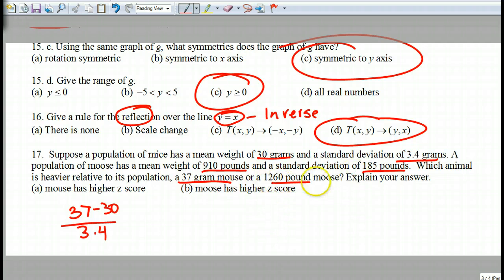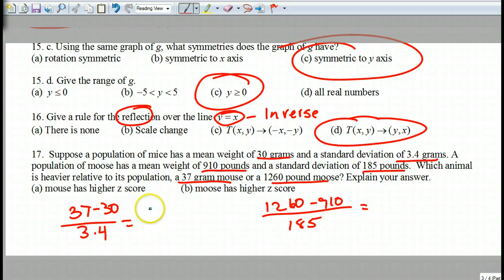And then the moose is 1260 minus 910 over 185. Okay, what did you guys get for these two scores? 2.0 for this one? Okay, what did you get for the other one? 1.89. So which one has a bigger z-score? The mouse. So that mouse is way bigger than all of its fellow mice.